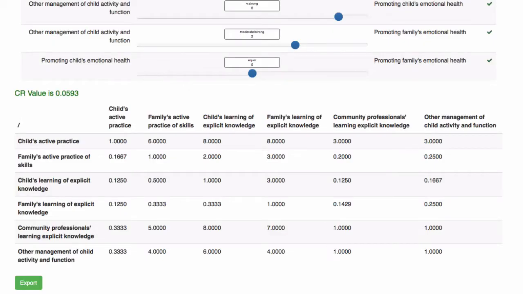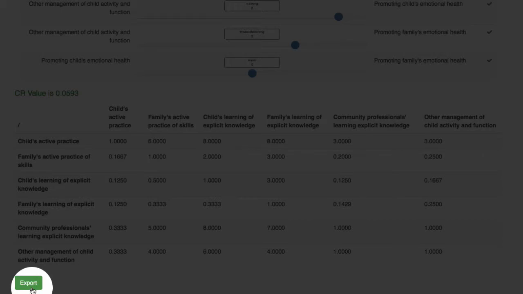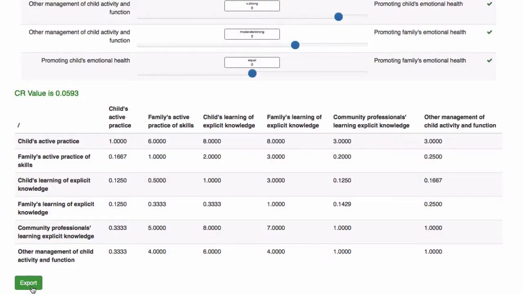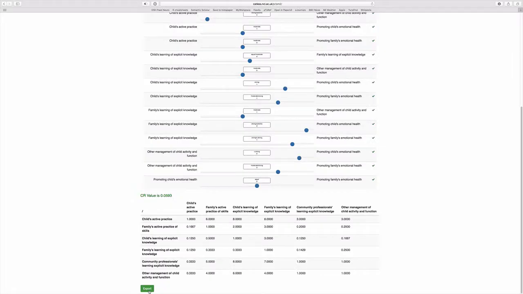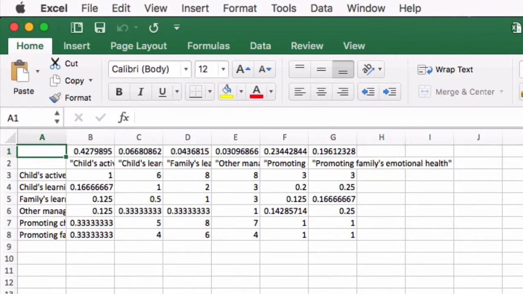So what we need to do finally is to click this export button, and what you see at that point is going to depend a little bit on what browser you're using and what operating system, but you will have downloaded a little spreadsheet which opens in Excel or a similar program.